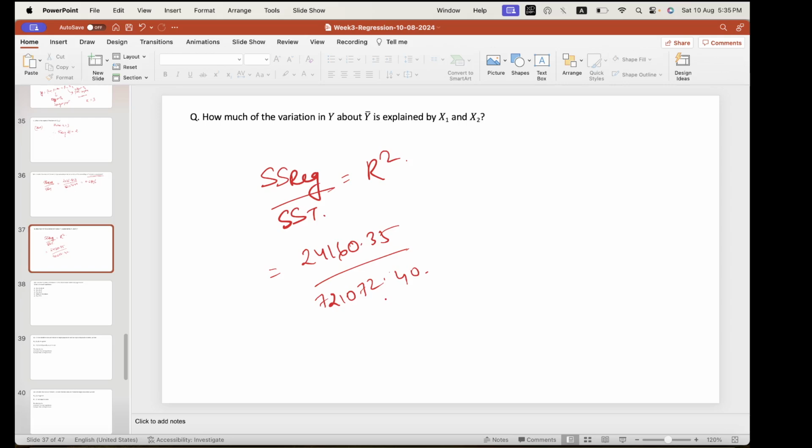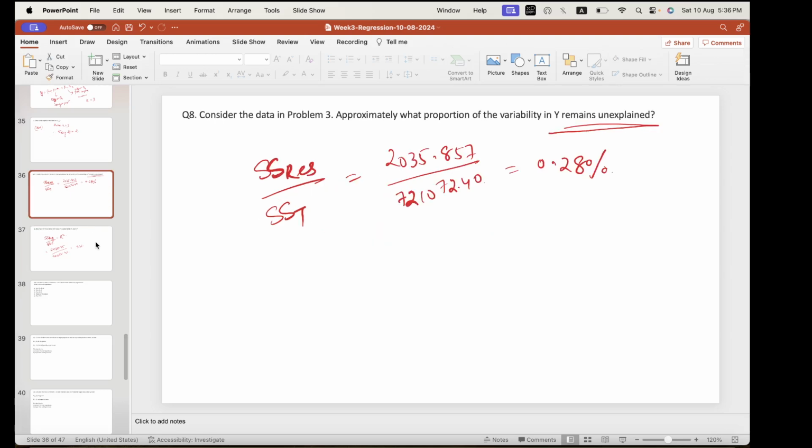This one divided by that one. Okay, so that is 3.3%. Somewhere there is some problem has happened, because these proportions should add up to 1. Okay, so something is off here. We just have to check the calculations.